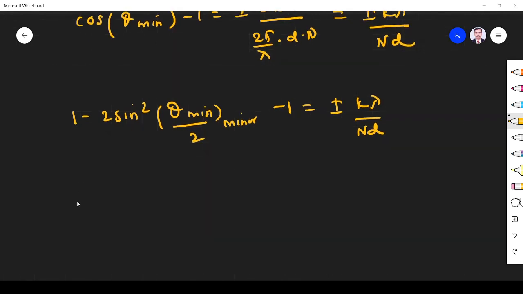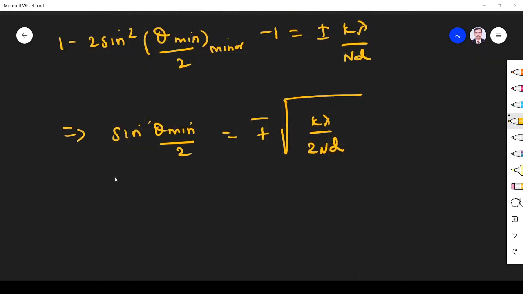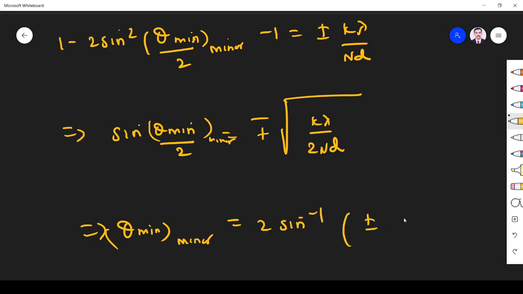If you simplify, sin theta minimum by 2 is equal to plus or minus k lambda by 2nd. So from this we can get theta minimum for the minor lobe, which is equal to 2 sine inverse of plus or minus k lambda by 2nd.